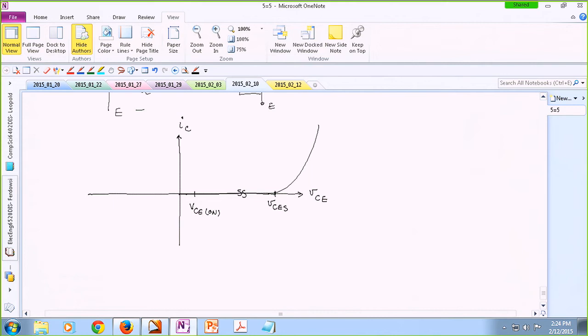So this is when you have not even triggered the device. The device was off and blocking some positive voltage, but beyond a certain point, some breakdown mechanism happens. So this voltage is named the breakdown voltage.